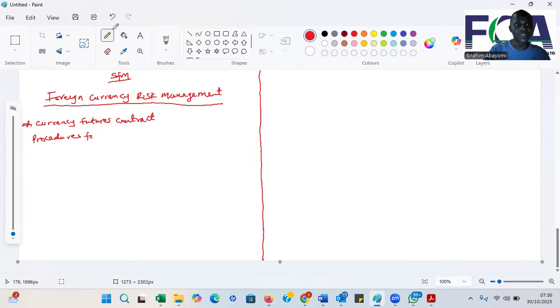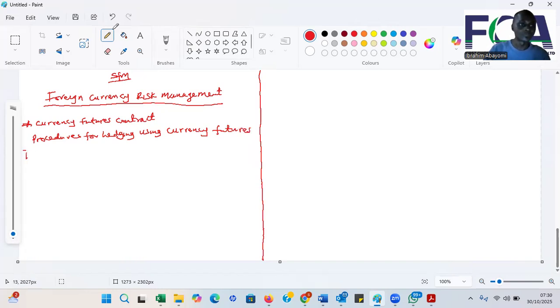Procedures for hedging using currency futures.